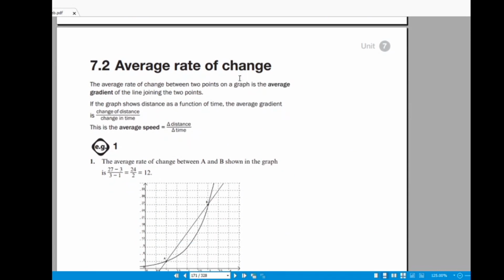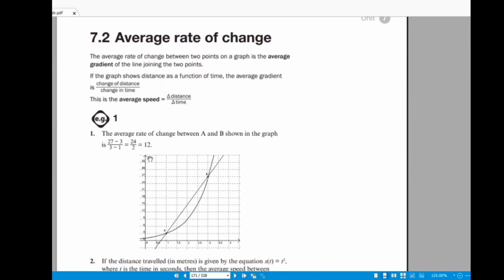And then they also talk about the average rate of change. The average rate of change is maybe just a fancy way of calling a gradient, right? But here, instead of dividing by x values, you sort of divide by the time, right? So the rate of change of something is you are calculating the change of something divided by the change in time, right?